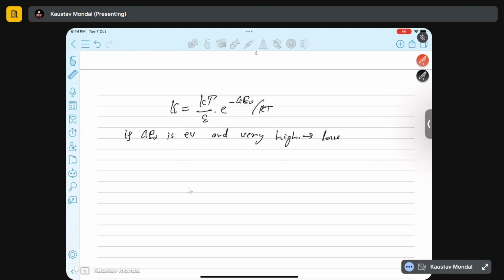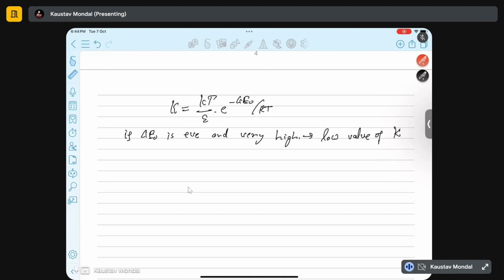If delta E is higher, then we have kT by epsilon into 1 by e to the power delta E by RT, so the denominator gets higher. So overall the value of the term will be getting smaller.